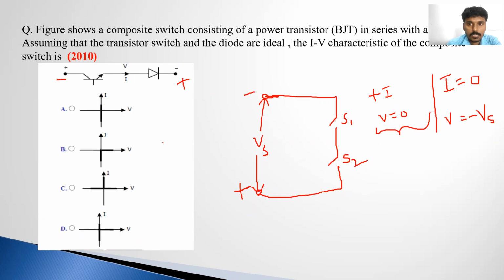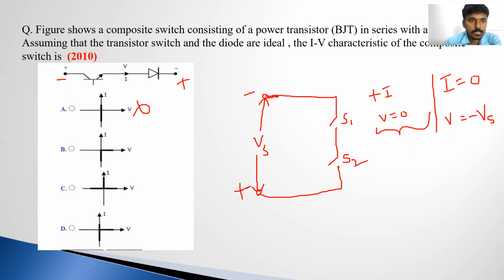Okay, wrong answer. Current positive and negative, negative current तो negative तो है नहीं इधर. So this is the wrong answer. Clear? Reverse current is not flowing through the circuit.